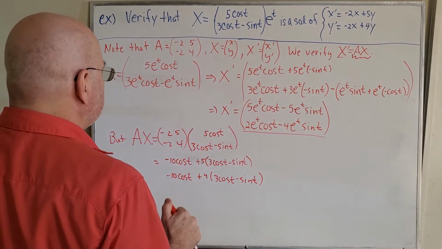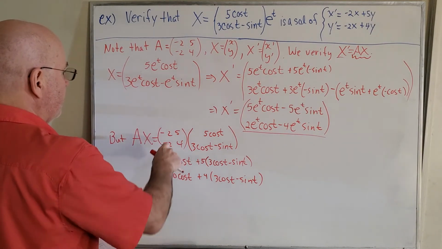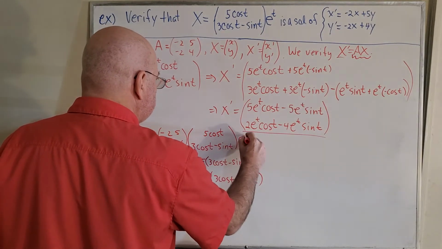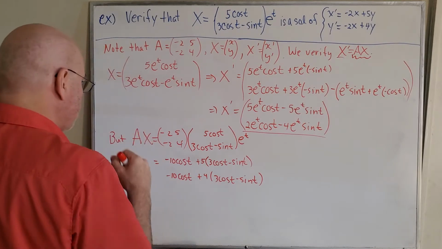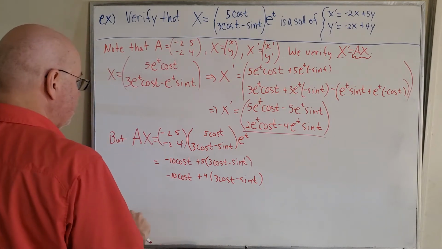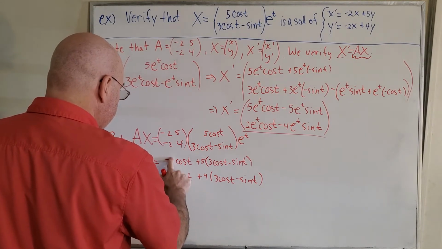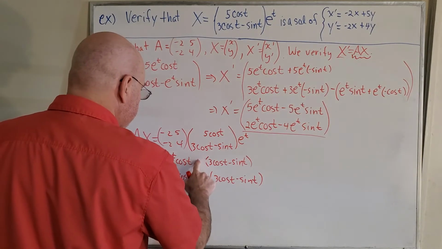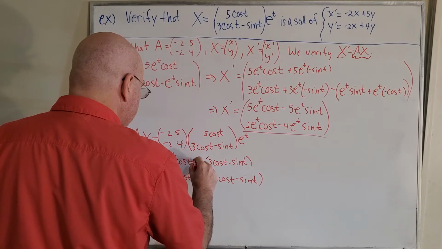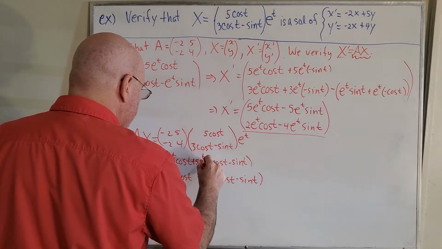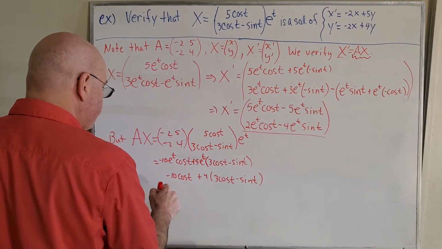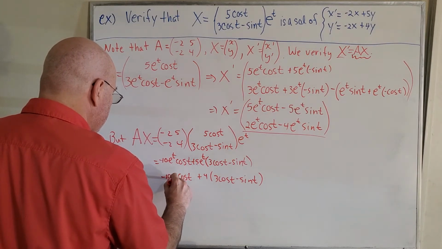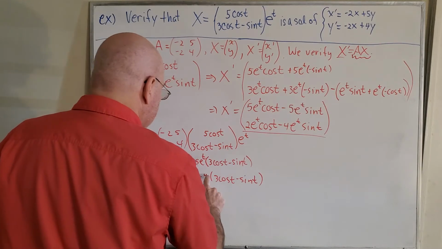I left off the e to the t, didn't I? Okay, so there's an e to the t here. So I get an e to the t here, and here, and here, and here.